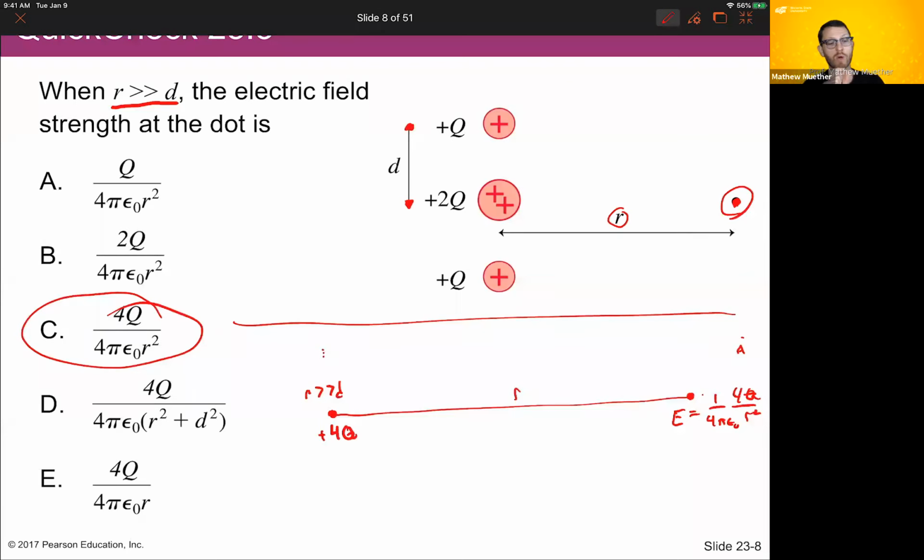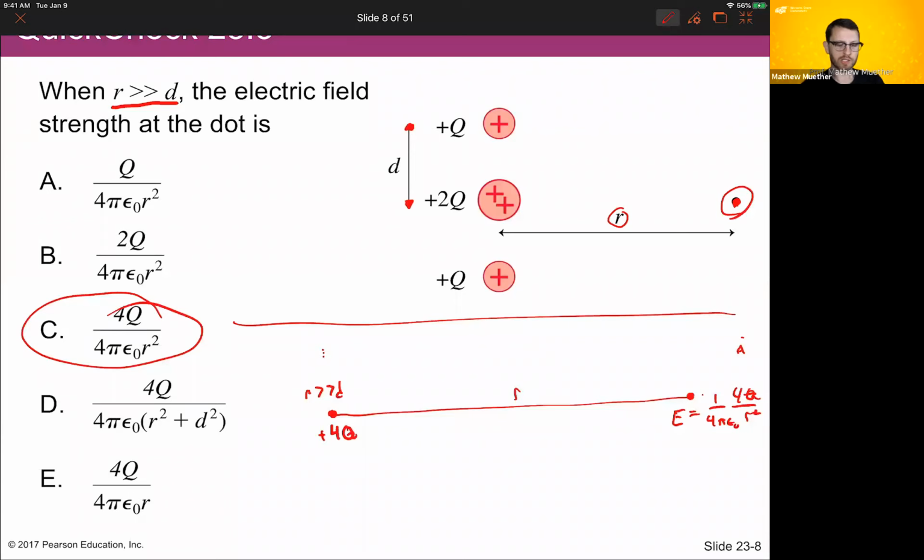Now we have ways to probe and measure a proton at scales where the size of those charges distributed inside of it do matter, and we can measure the physical extent of that charge distribution inside of the proton. But for this class, we're just going to take that the proton is a point particle.